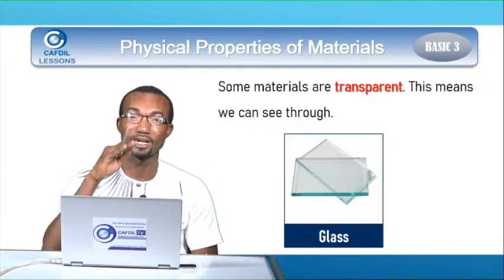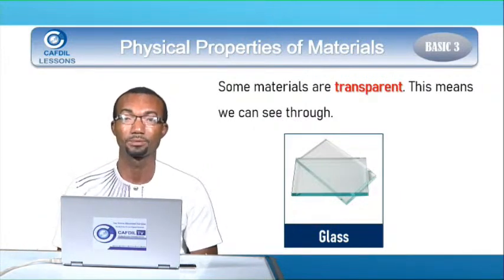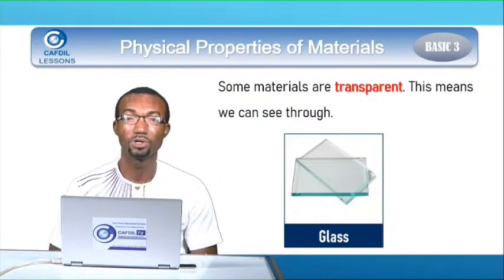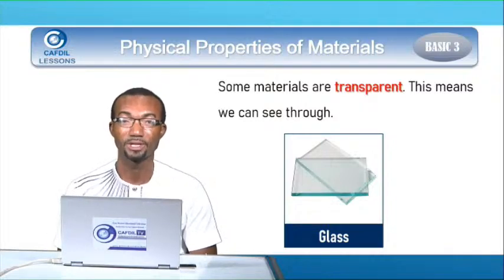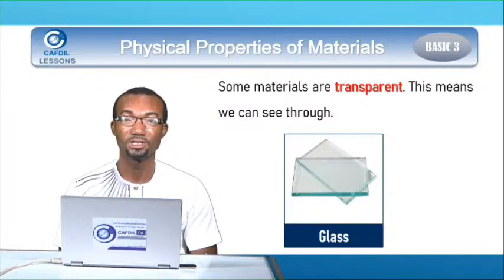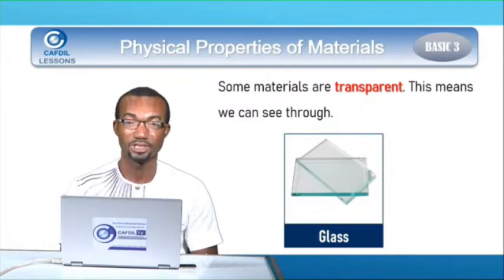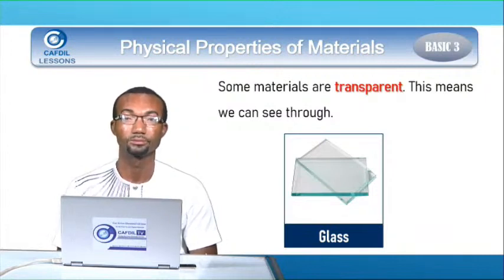Even if all the glasses are rolled up, you can see through the glass and see what is happening in the environment. So some materials are transparent, and this means we can see through them.